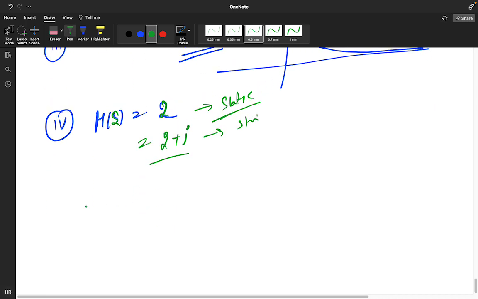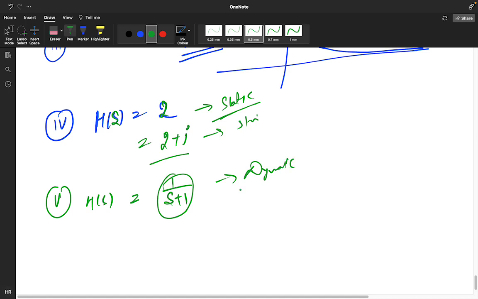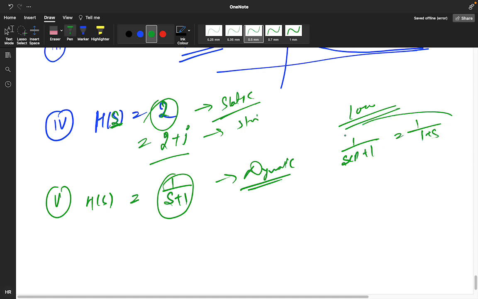What about this? If the transfer function is given as 1 divided by s plus 1, is this constant? No, it is not constant. Dynamic. Constant means a simple number in the Laplace or frequency domain. I told you about the low pass filter, which is 1 divided by 1 plus SCR, or in terms of 1 plus s.